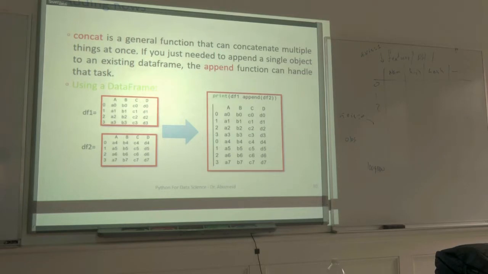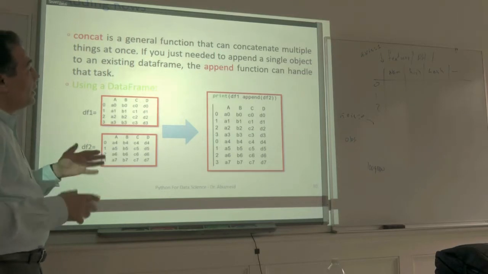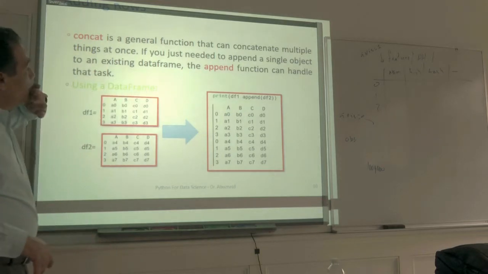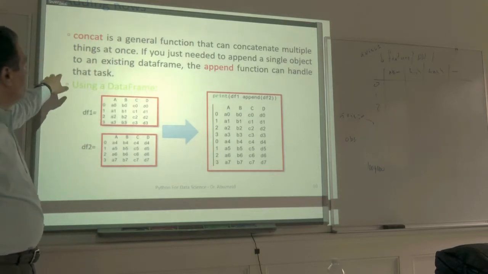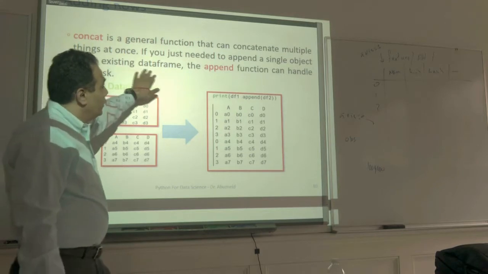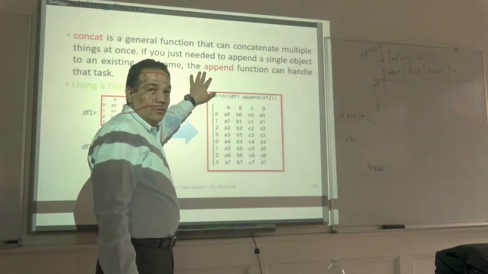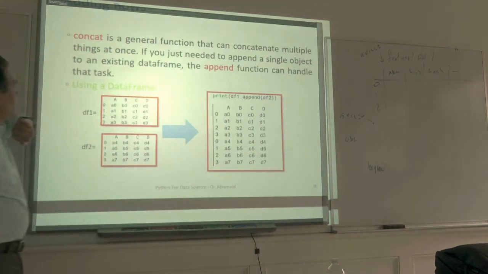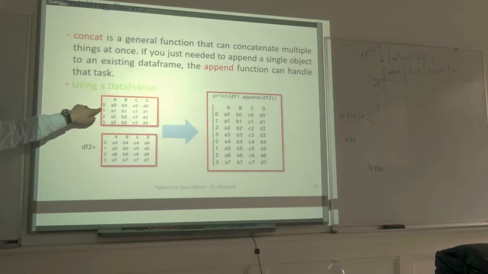So concat is a general function that can concatenate multiple things. If you just need to append a single object to an existing data frame, use append. Okay, the append function. Here you have data frame 1, we saw that before, and data frame 2.